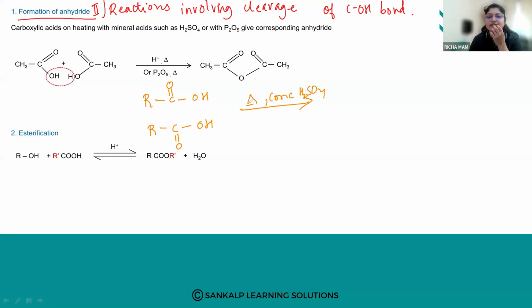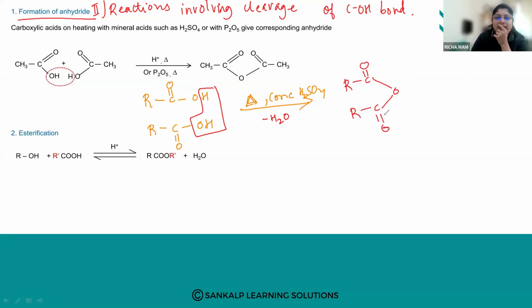After heating, there will be loss of a water molecule, giving R-C(=O)-O-C(=O)-R. This is your acetic anhydride.